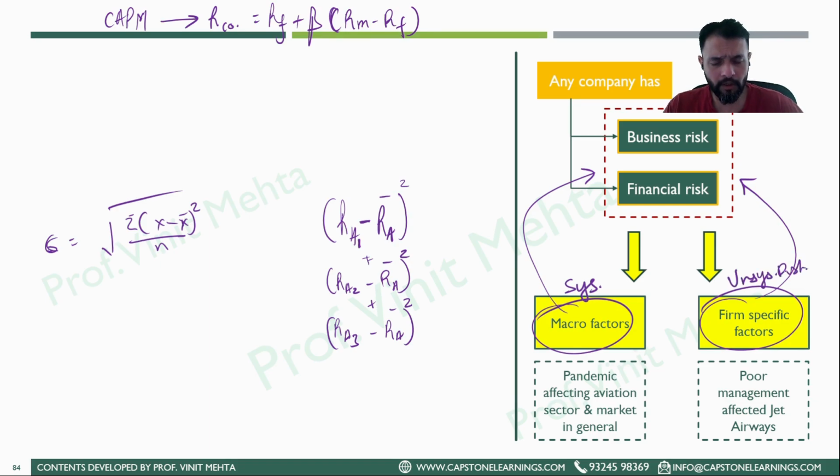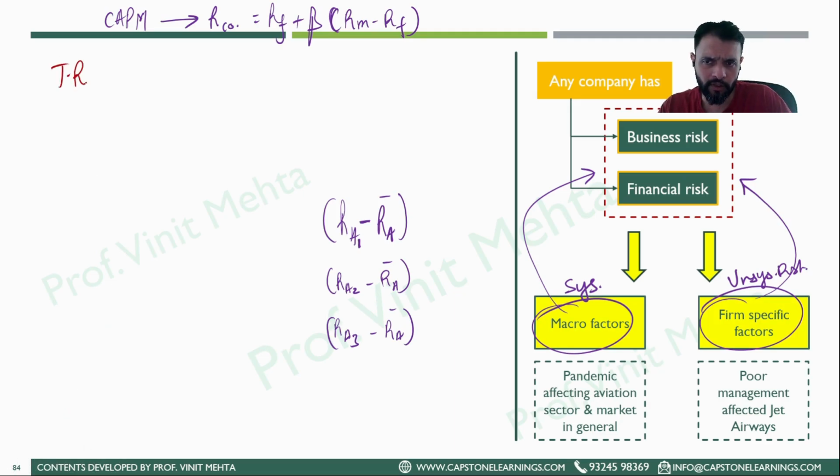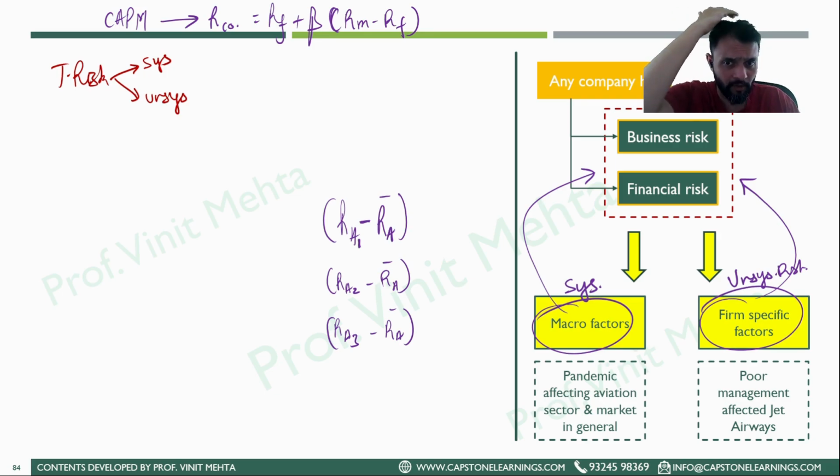Now I'm not getting into the calculation of standard deviation. Before raising to the power 2 and totaling, you need to understand that the total risk has two aspects to it: systematic and unsystematic. When I say total risk, I'm talking about the uncertainty of the returns of the company. That's the total risk, the standard deviation.